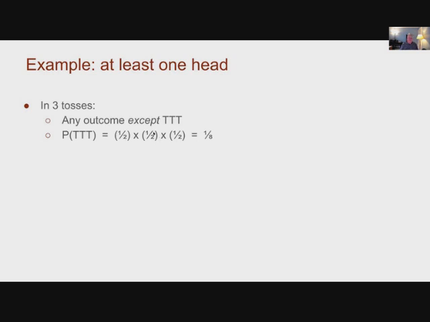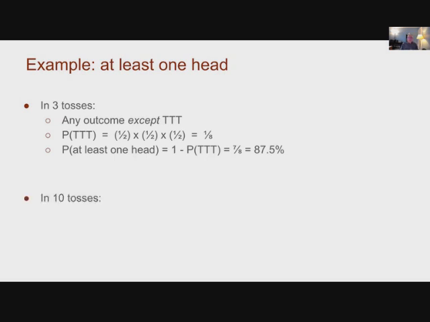And on the third trial, we have a 50% chance of getting a tail, right? So calculating the probability of getting a T and a T and a T, we hear the "and," so we're going to use the multiplication rule. A half times a half times a half gives us 1/8. And the outcome that we want, at least one head, is 1 minus that, or 87.5%, okay? And we can do that for any number of tosses.